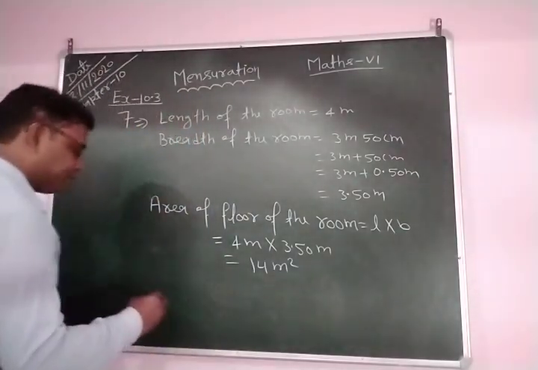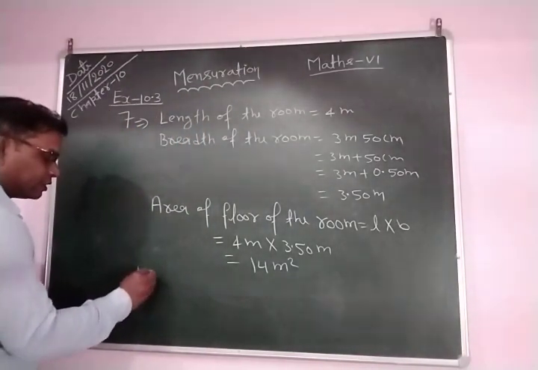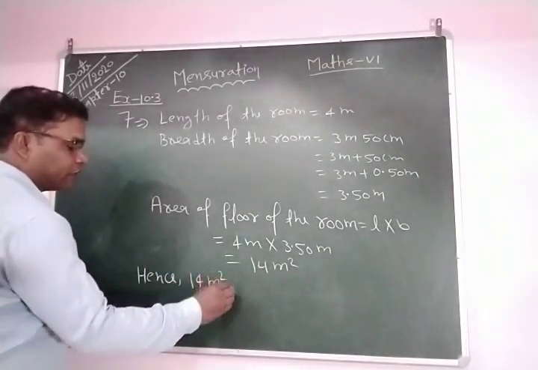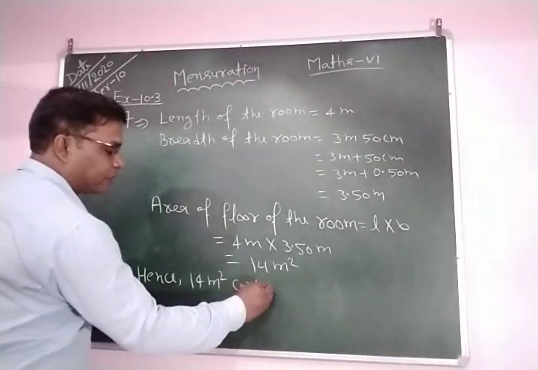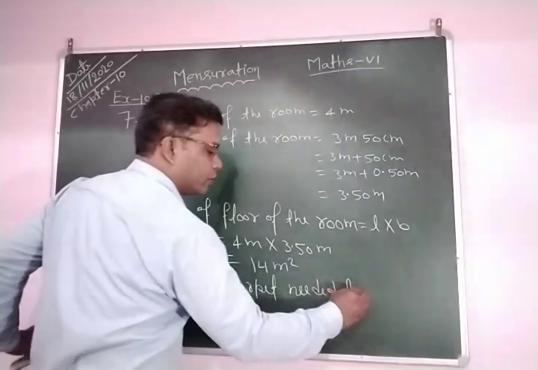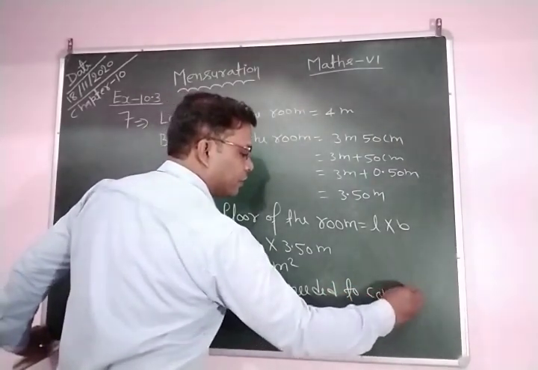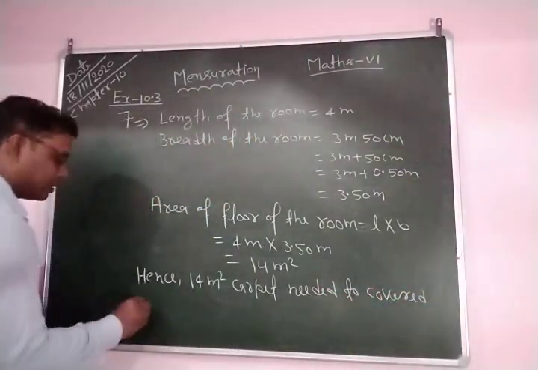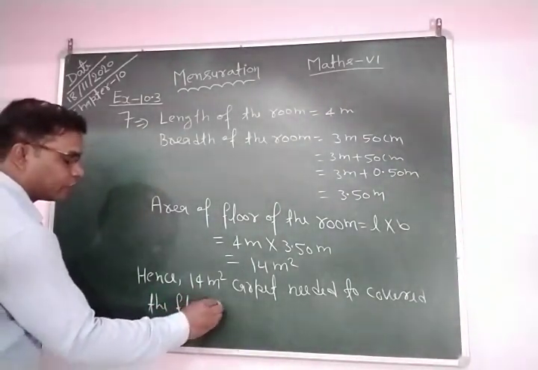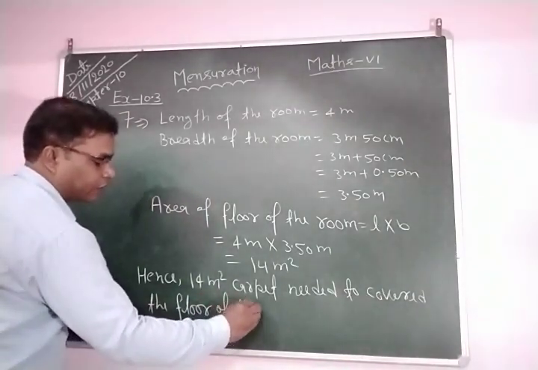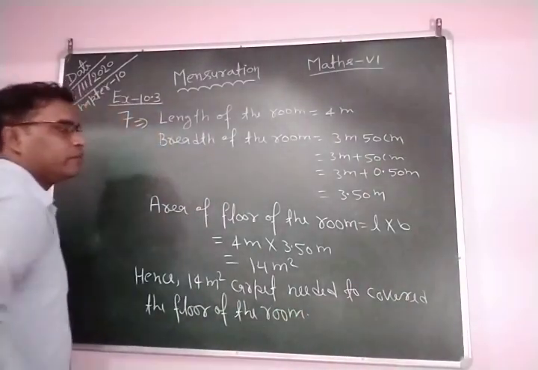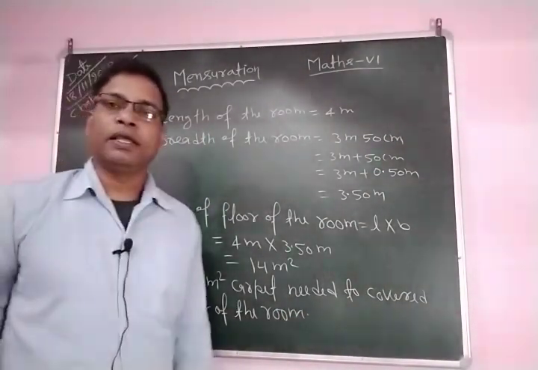You can write here, hence 14 square meter carpet needed to cover the floor of the room whose length is 4 meters and the breadth is 3 meter 15 centimeters.